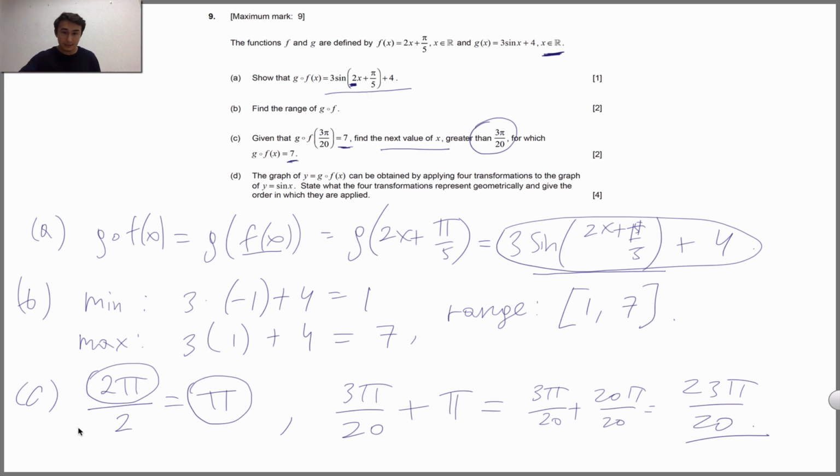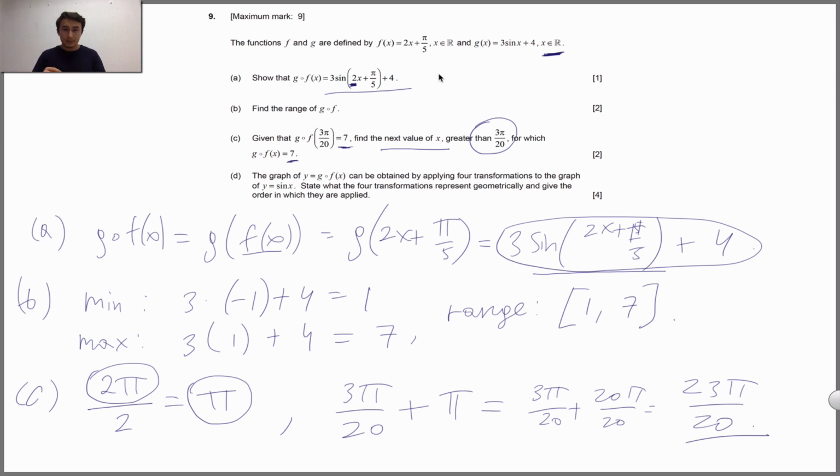And then after that, the 3 outside means vertical stretch by a factor of 3, and plus 4 means vertical shift by 4 units, right?